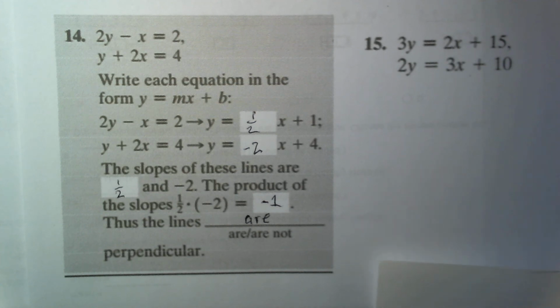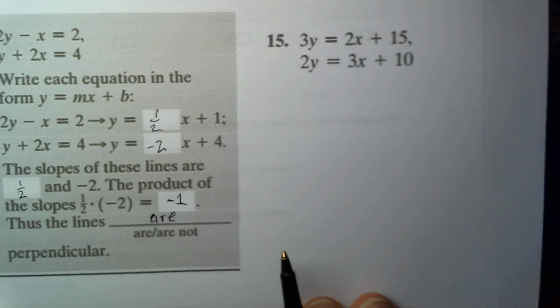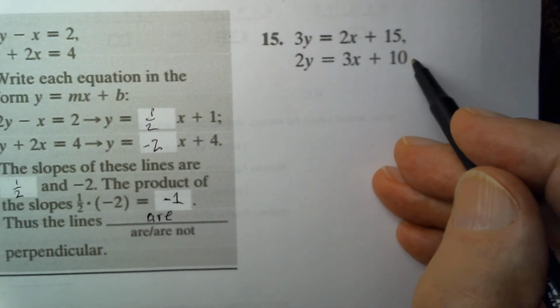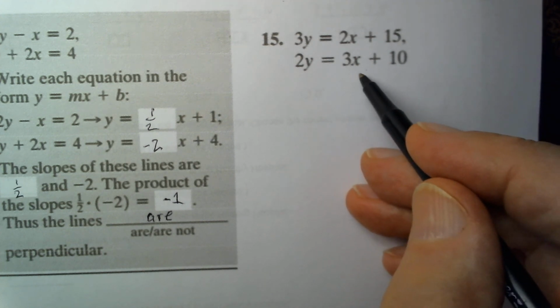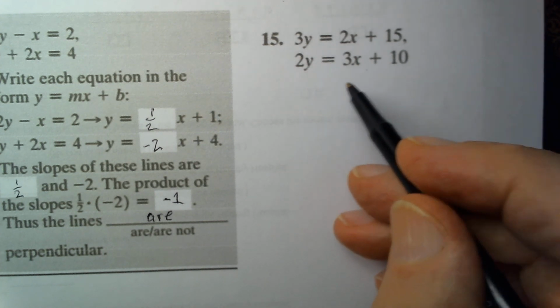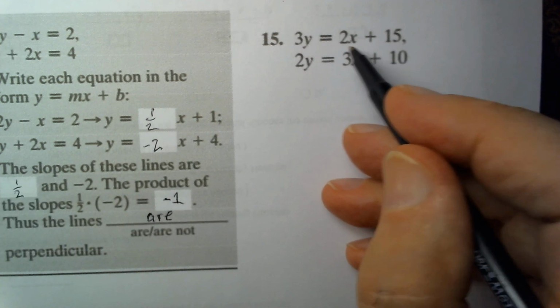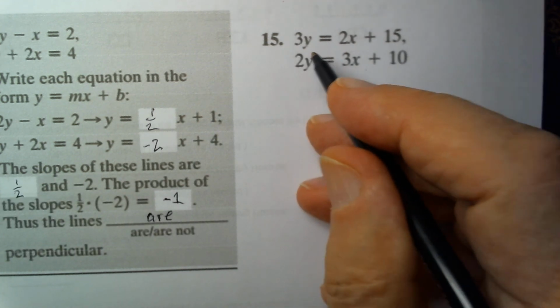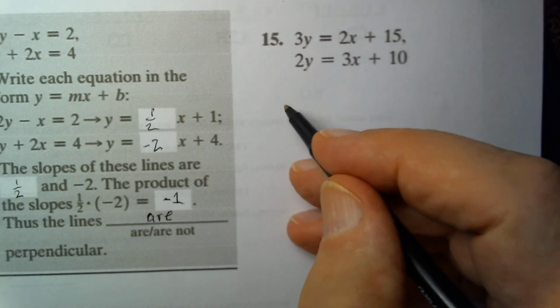And then the last exercise is number 15. 3y equals 2x plus 15, and 2y equals 3x plus 10. So let's take the first equation and solve it for y, by dividing both sides by 3 to isolate y.